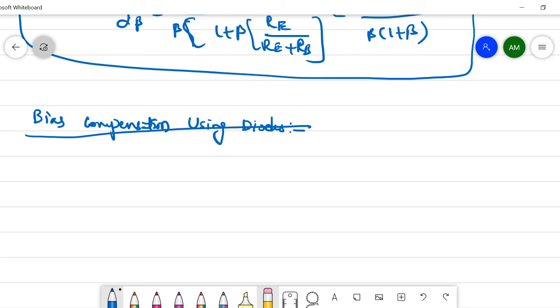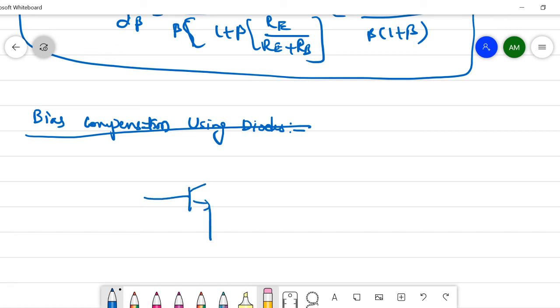Along with the biasing methods, diodes, thermistors and sensistors can also be used to compensate for variations in current. The first one is the diode compensation method.